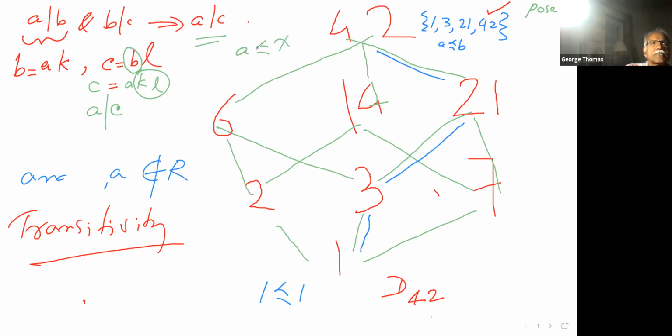Every element is related because if you find two elements here, the lower one divides the other one. Is that true? Yes. So they call it a chain. A chain is a partially ordered set in which every element is comparable. You can compare it, A less than or equal to B for all A, B in the chain. And we will come to that a little later.